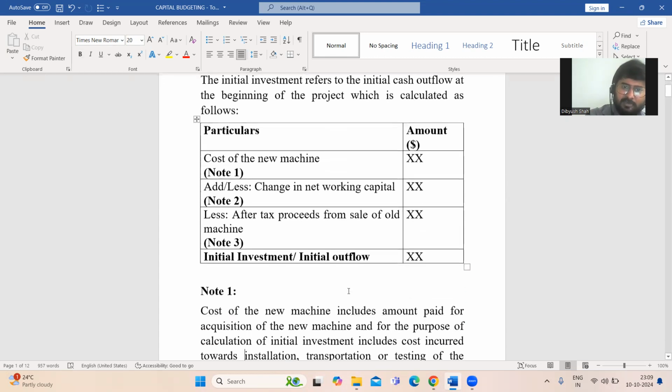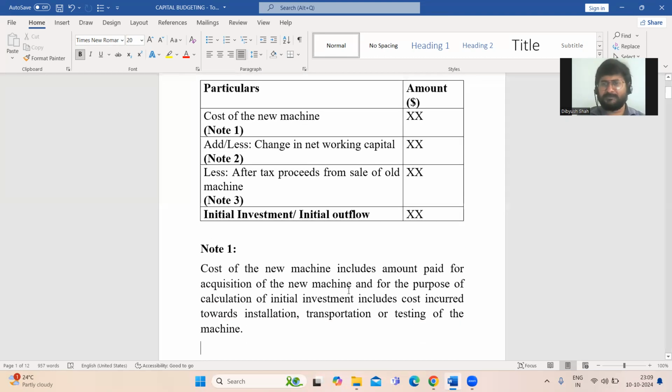First is cost of new machine. Now what does cost of new machine actually include? It includes the amount paid for acquisition of the machine, that is, the purchase price. So when we are talking about cost of new machine, we include the purchase price directly.